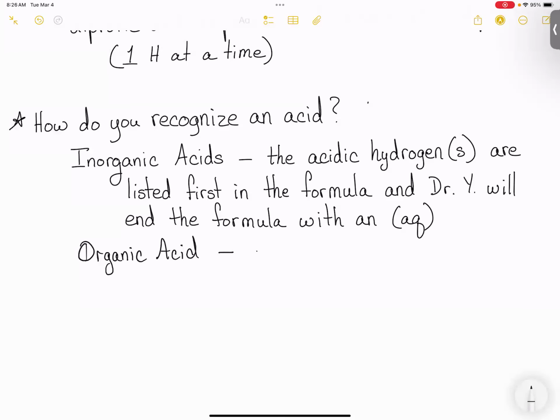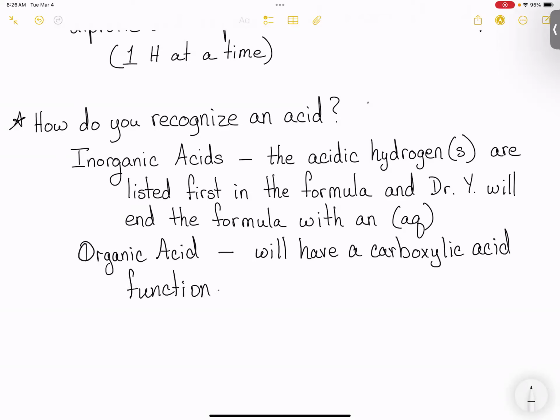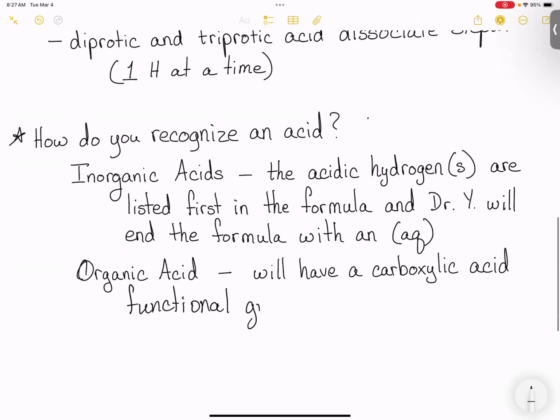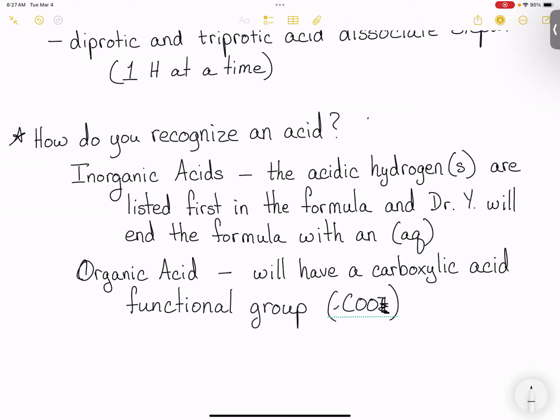An organic acid will have a carboxylic acid functional group, meaning you're going to see a COOH with the acidic hydrogen being the hydrogen attached to the COO. And that was supposed to be an H. I don't know what it turned it into.